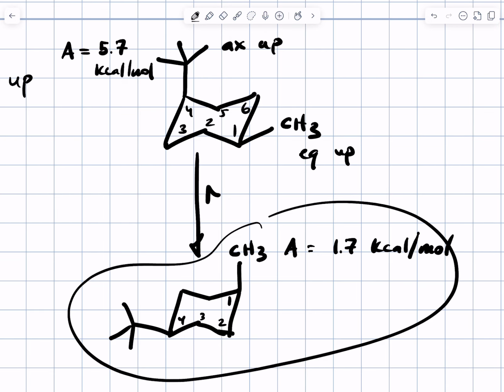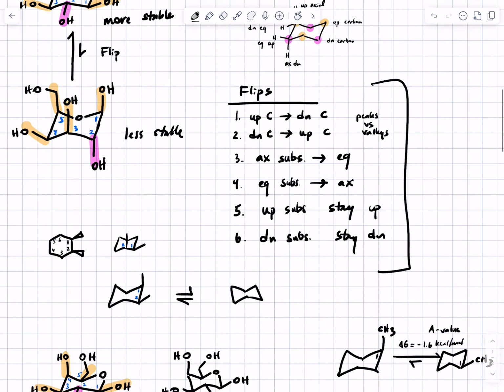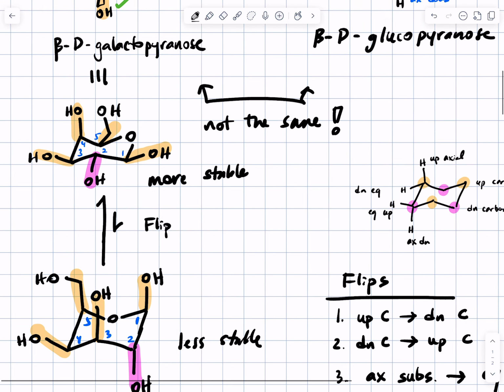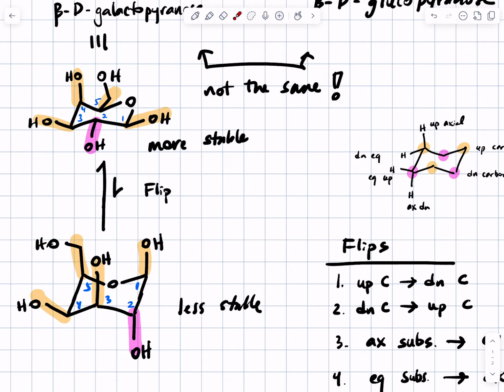There's the word, right? Additively. So that's why we made the decision up here, having 1, 2, 3 hydroxy groups and a hydroxymethyl group equatorial and only 1 hydroxy group axial was better than having 4 of those axial and only 1 equatorial.